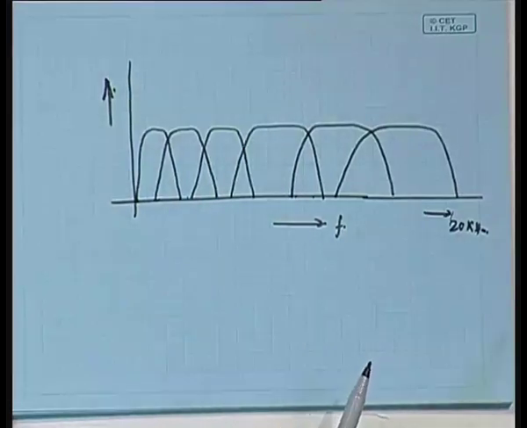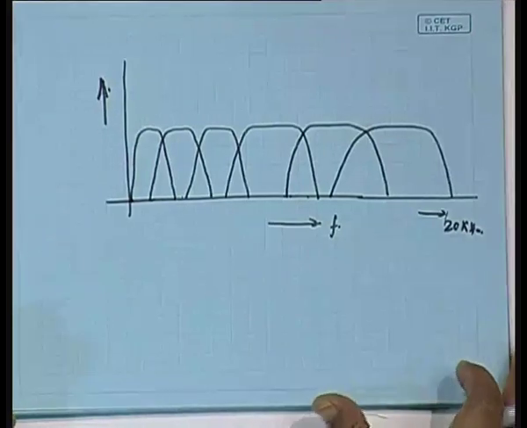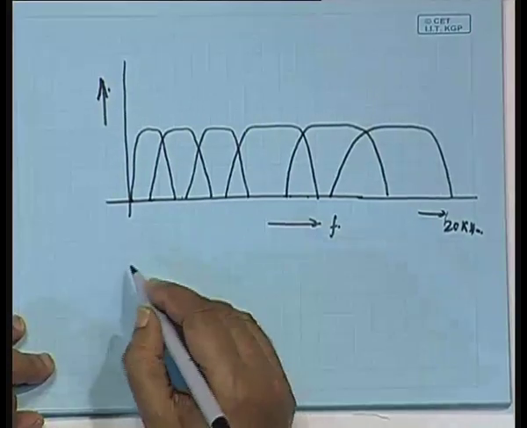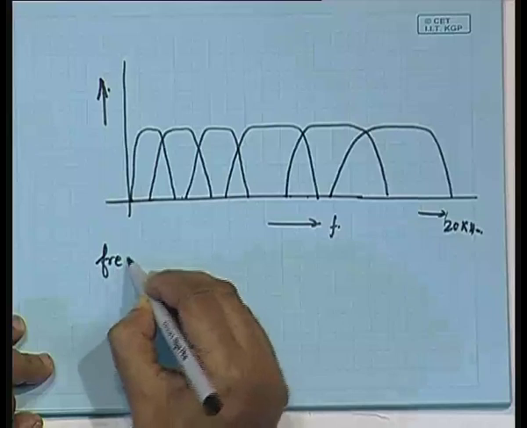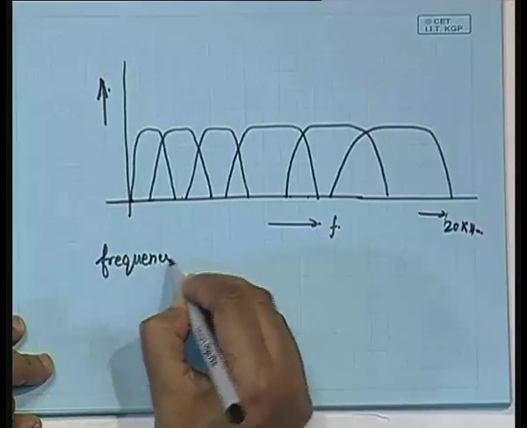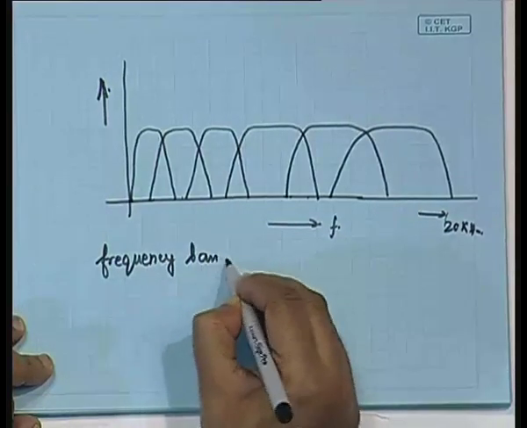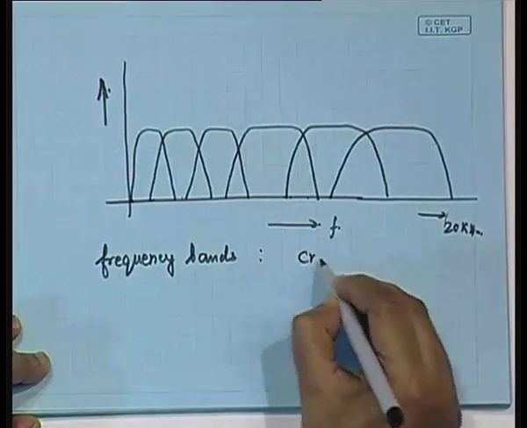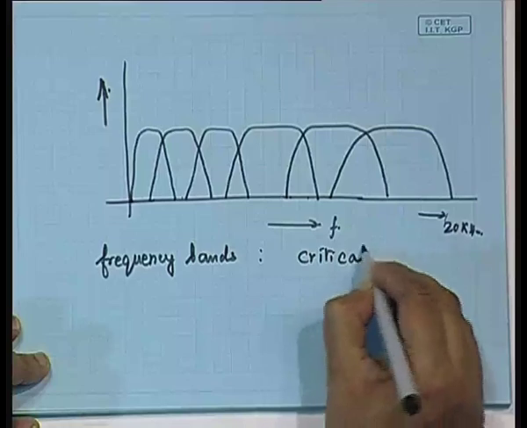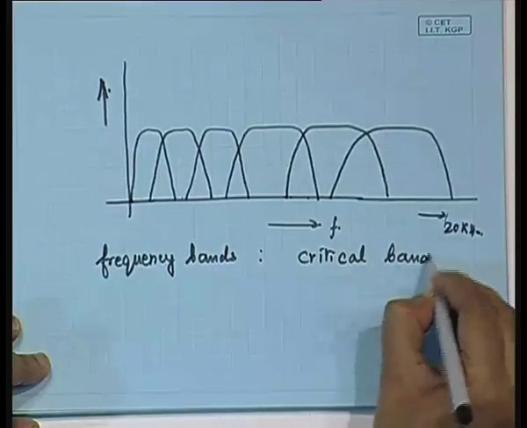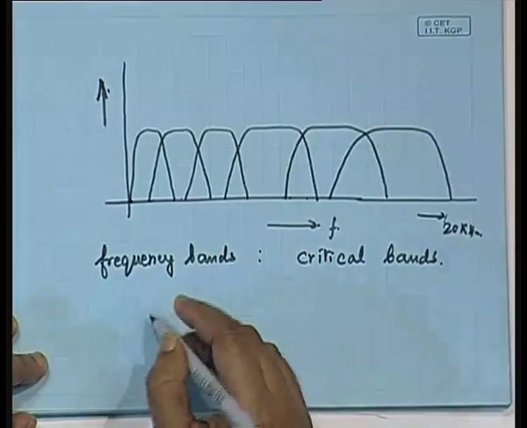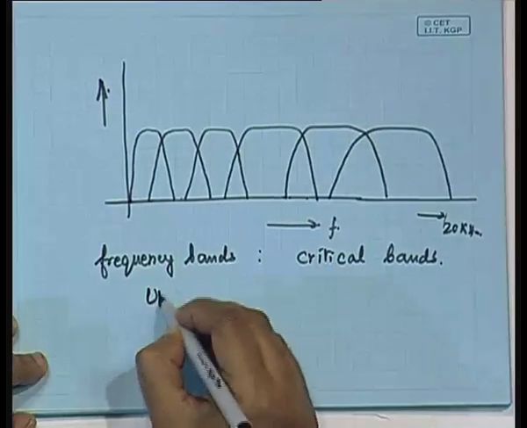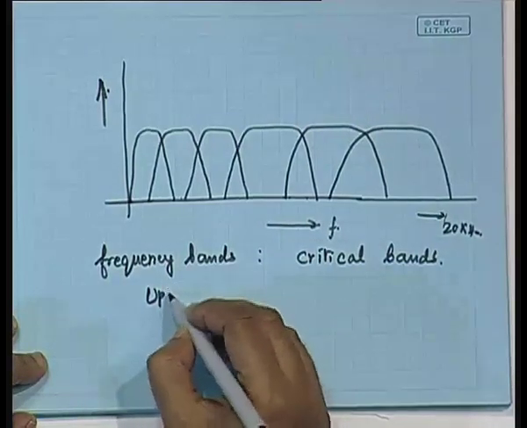So, in effect, it is all such band pass filters, and the frequency bands we get for these individual filters are referred to as the critical bands.